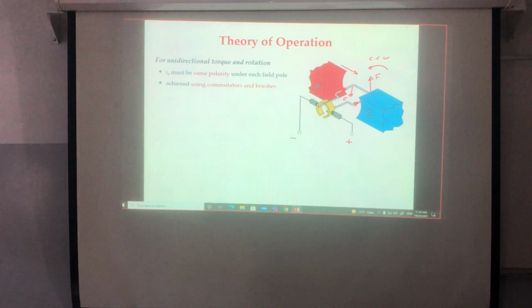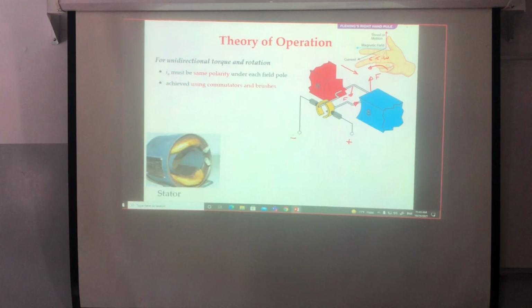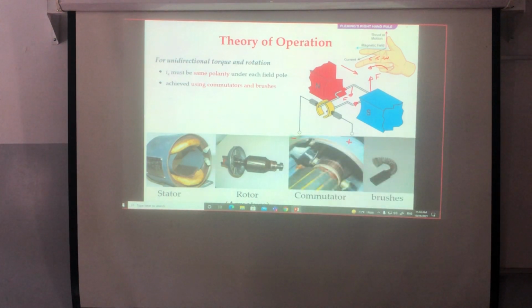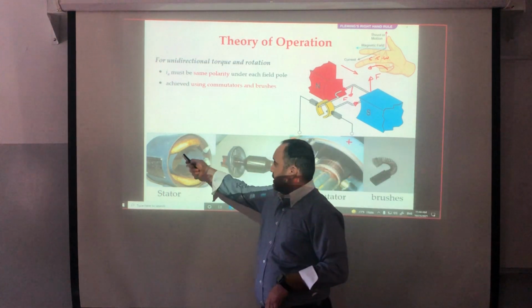Here I'm having some pictures regarding the stator. This is the rotor, and this is the commutator with the brushes. Now, this is the stator. Here I'm having the yoke.